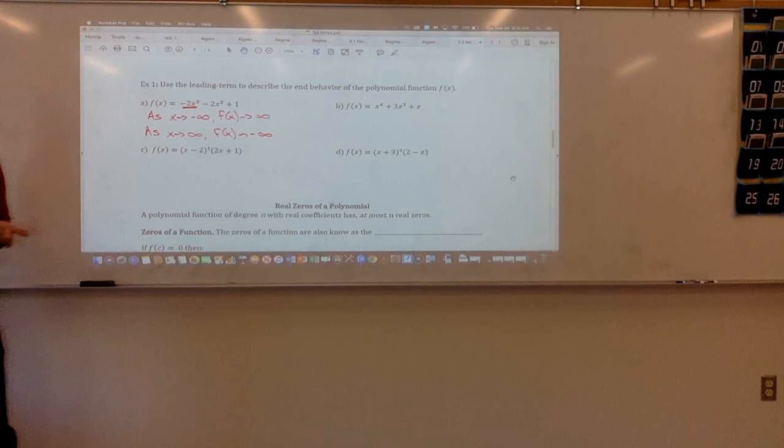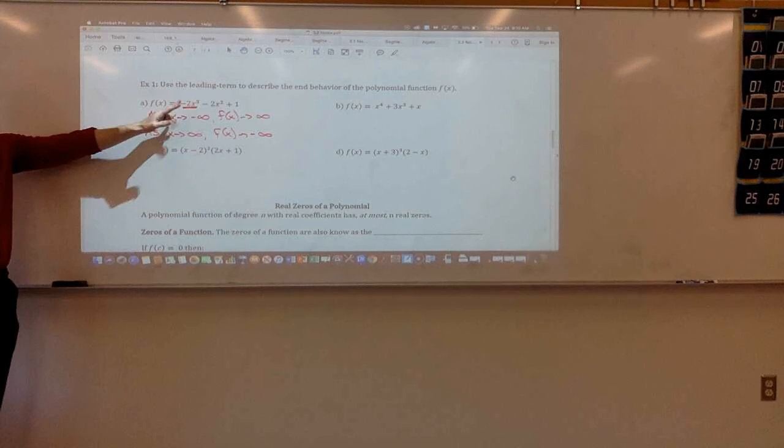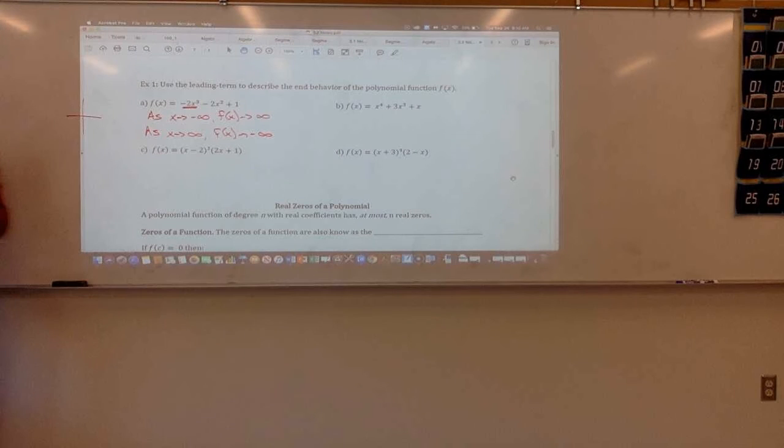For me, personally, I like to sketch a rough graph out. Okay, now, not saying, you know, we need to find a whole bunch of information. I'm just saying, well, if I know that this is a negative third degree, okay, well, if we base this on our parent function, right, x cubed does something like that.